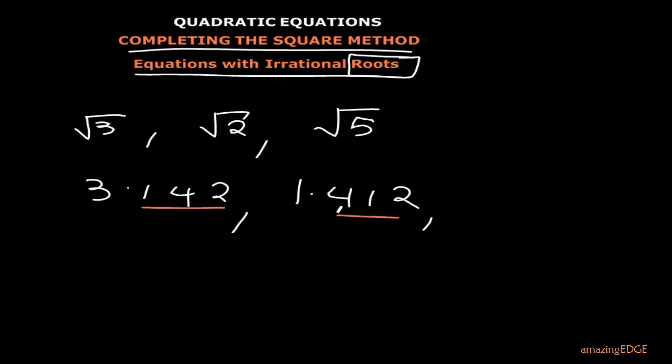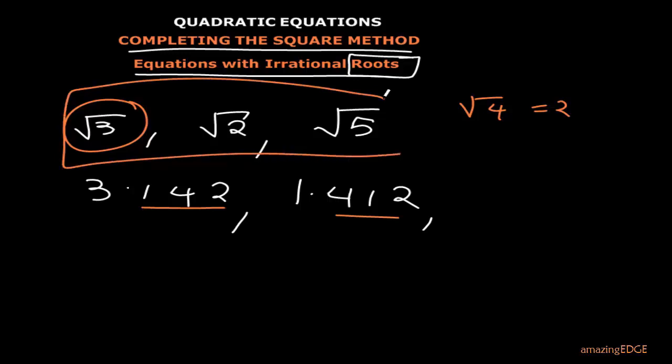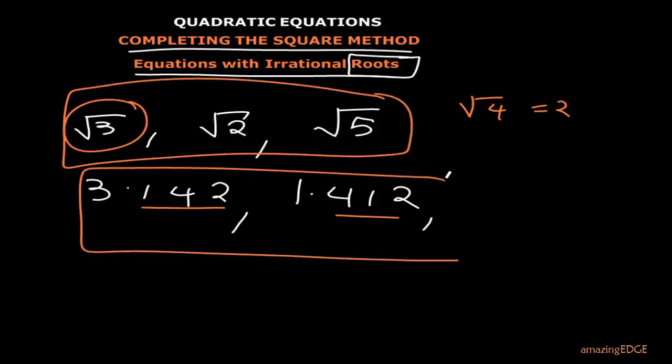They have non-recurring decimals, or simply they are numbers in a square root, in the sense that you cannot get their square roots directly. For instance, you know the square root of 4 is 2. But the square root of 3, you cannot get directly. So such numbers in this form is what we call an irrational number.